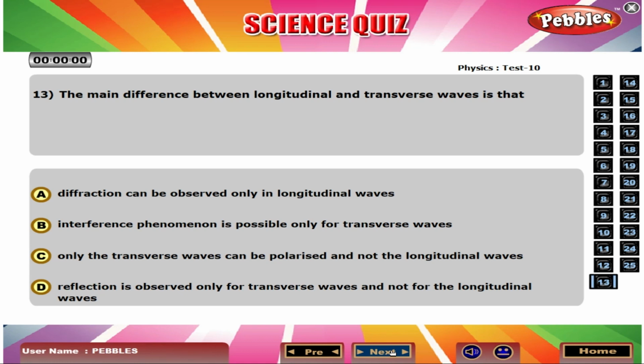The main difference between longitudinal and transverse waves is that C. Only the transverse waves can be polarized and not the longitudinal waves.